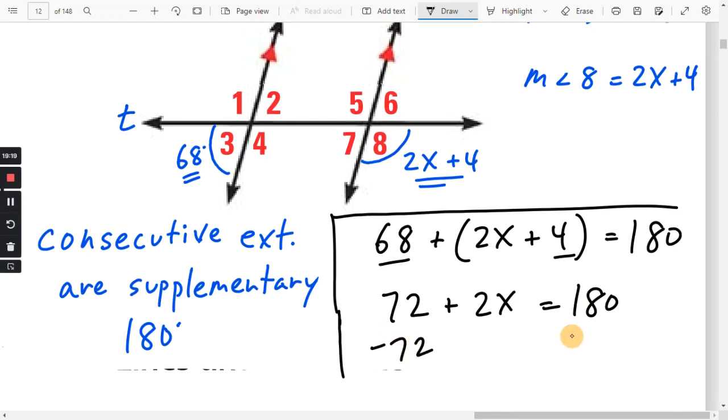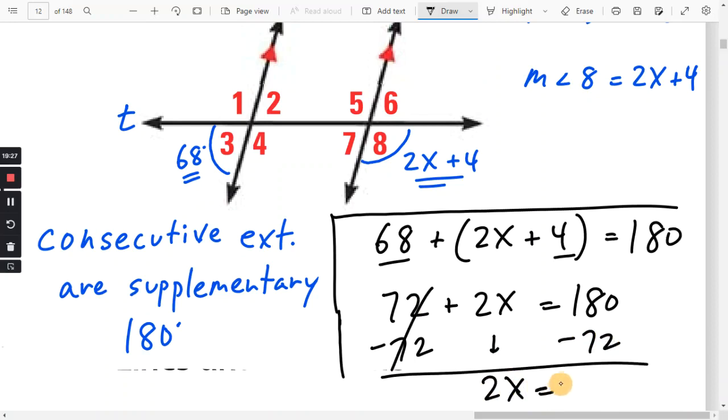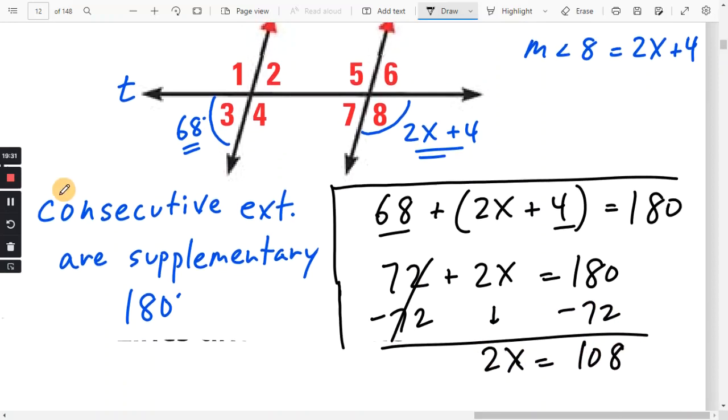I'm going to do a minus 72 on both, and bring down the 2x. 180 minus 72, that's going to be 108. And dividing both sides by 2, 108 over 2 is just 54. So that is the value for x.